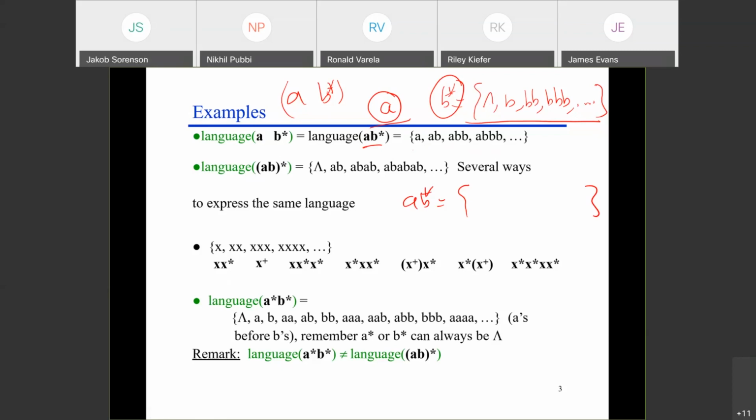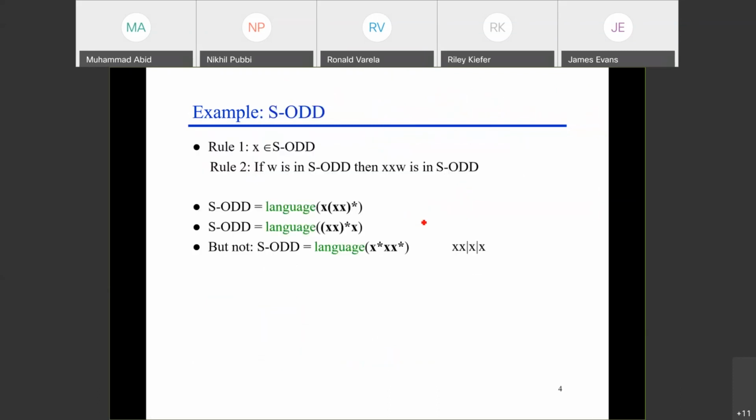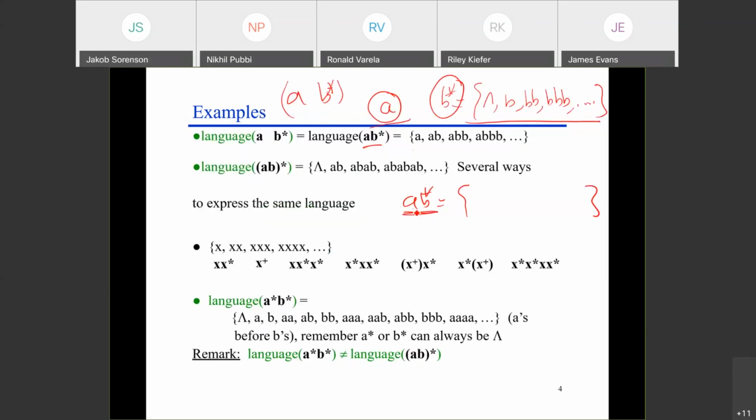It's always in B star. Very nice. But I'm not talking about B star. I have AB star. So when you have AB star, A does not have any sign or symbol on top. What does it mean?